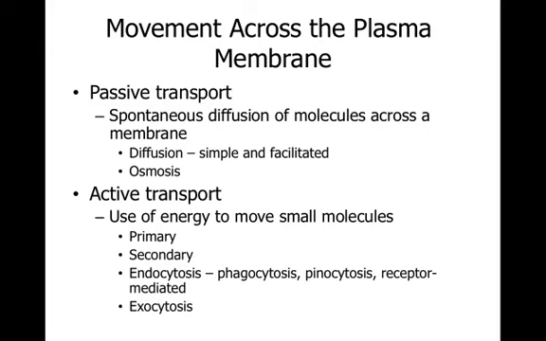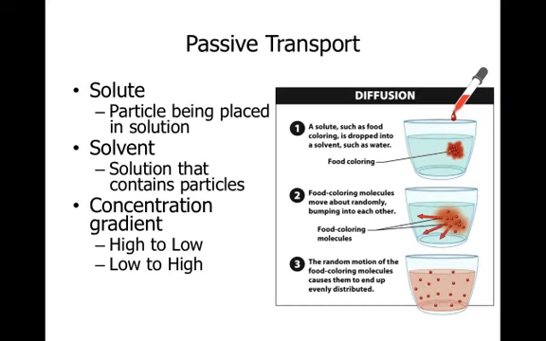Then we'll look at three different types of endocytosis. Endocytosis is a type of active transport that includes phagocytosis, pinocytosis, and then receptor-mediated transport. And then lastly, we will look at exocytosis. So we will start with our passive transport.